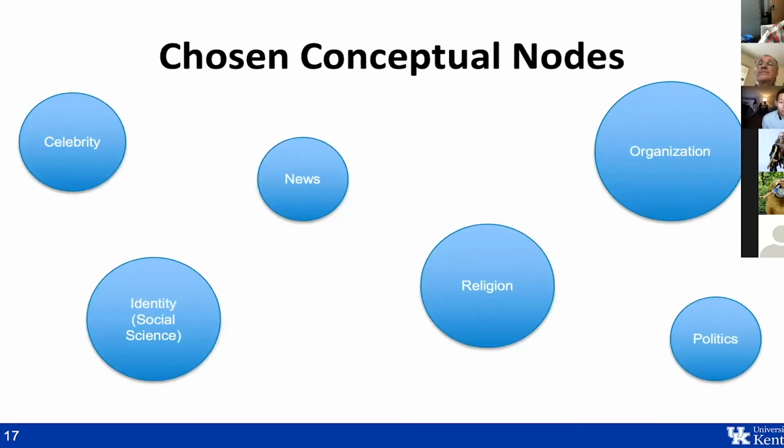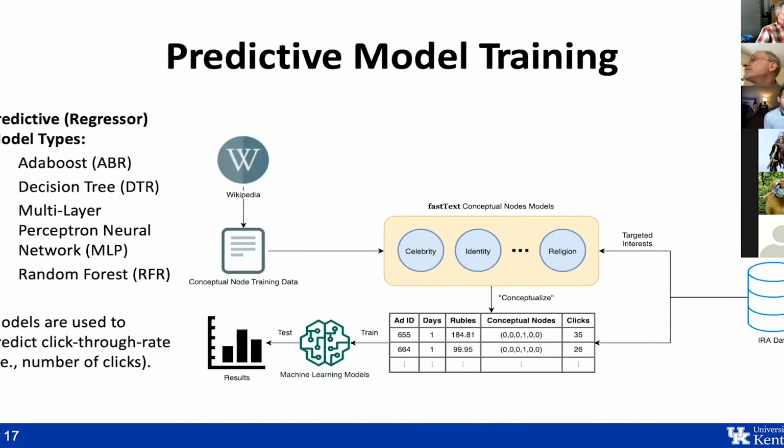For our work, through a lot of experimentation and reading through a lot of the data, the 6 conceptual nodes that we settled on were celebrity, identity, news, religion, organization, and politics. Now I want to go into the overall process of how these all play into one another, how we extracted the data necessary to train the fastText models for each of these conceptual nodes, and the evaluation phase as well.